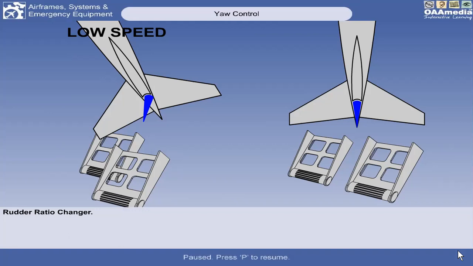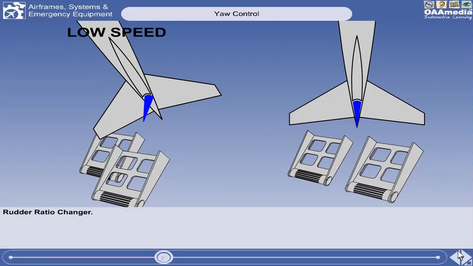So there is a means to change the angle of deflection of our rudder at low speed and high speed. This is the component called the rudder ratio changer.